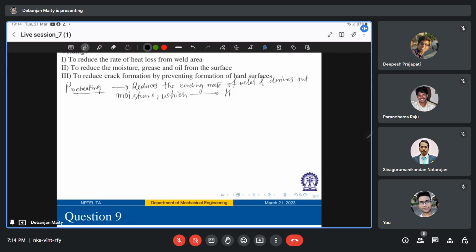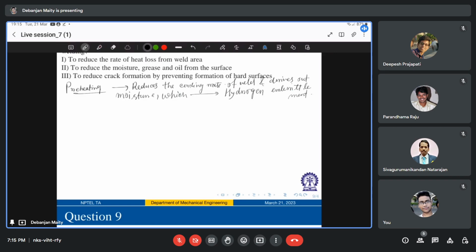I think I have heard of this hydrogen embrittlement because of moisture entrapment during welding. So if you are doing some preheating, you can reduce those things too. Several methods can be used for welding preheat, including induction preheating, open flame preheating, or resistance heating.